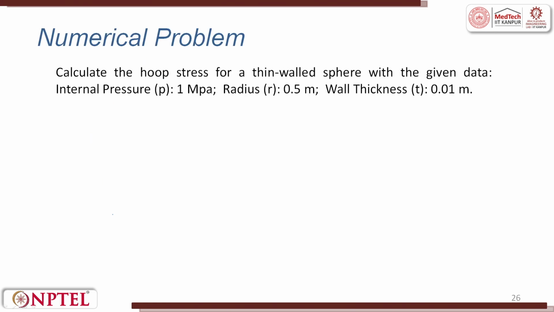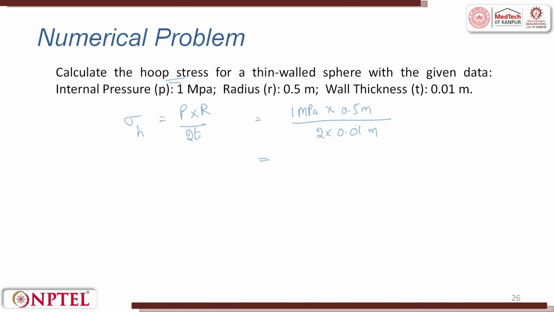Now let us calculate the hoop stress for a thin walled sphere, wherein the data given are internal pressure P equal to 1 MPa, radius R equal to 0.5 meters, and wall thickness T equal to 0.01 meters. The hoop stress is calculated as P times R divided by 2T, which is 1 MPa into 0.5 meters divided by 2 times 0.01 meters.